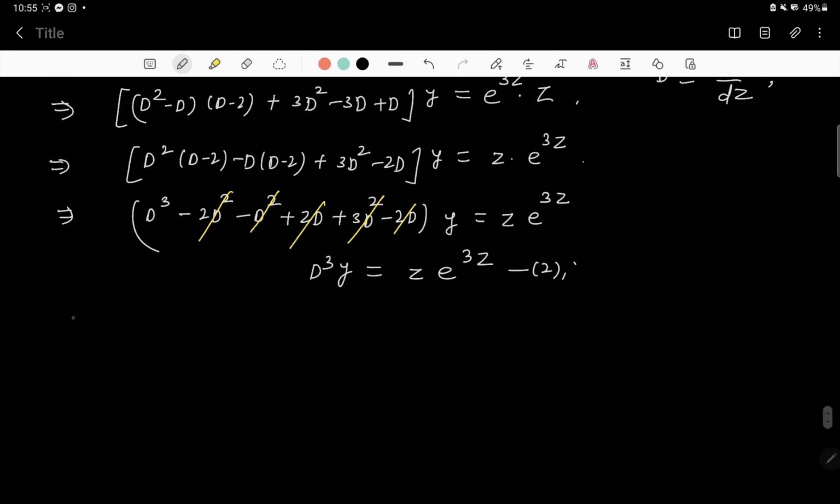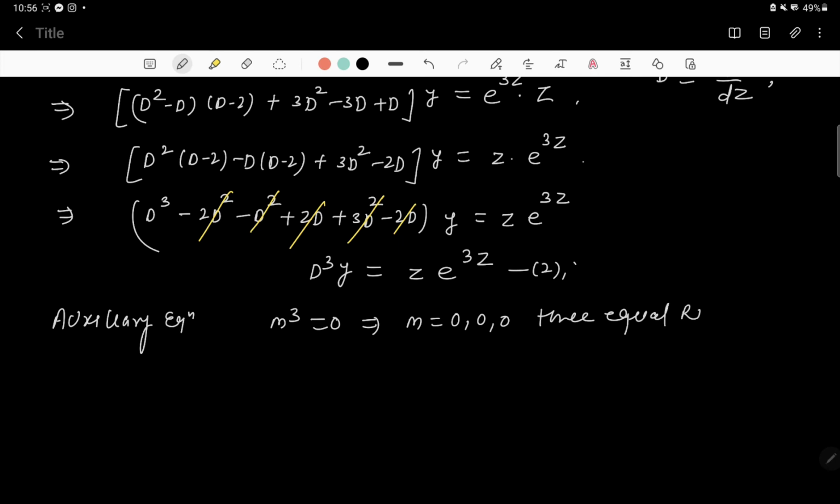So for the auxiliary equation, we write m cube equal to 0, which provides m equal to 0, 0, 0. That means 3 equal roots.